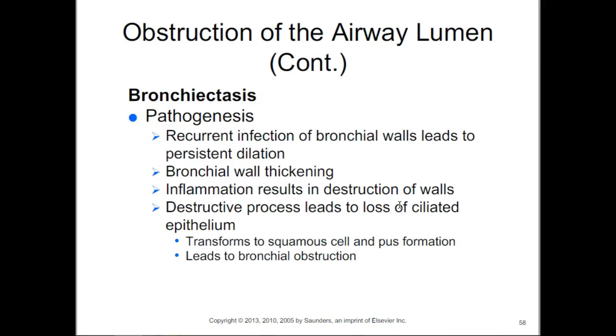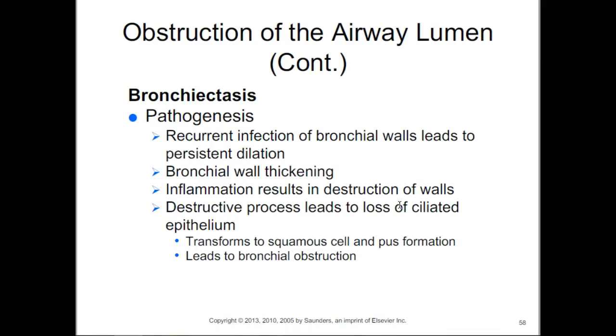right? So pathogenesis is a recurrent infection of the bronchial walls that leads to this persistent dilation. You have bronchial wall thickening, and inflammation then results in the destruction of the wall. So then the ciliated epithelium is also going to be lost, and then it transforms that cell lining.